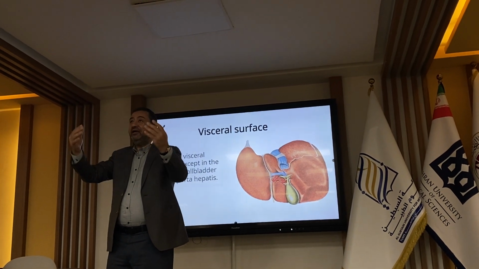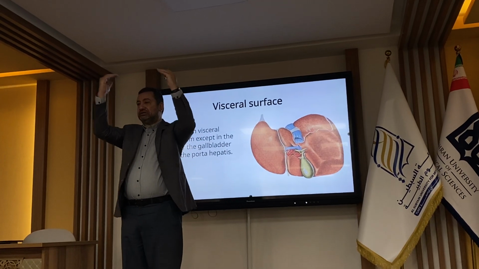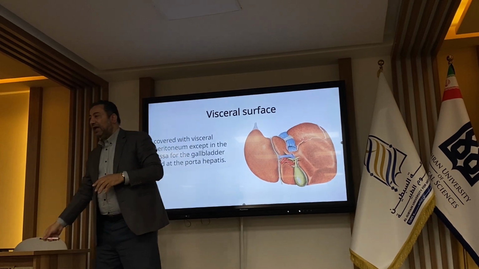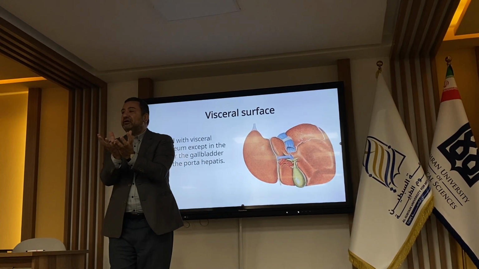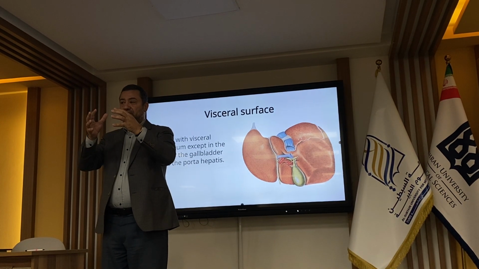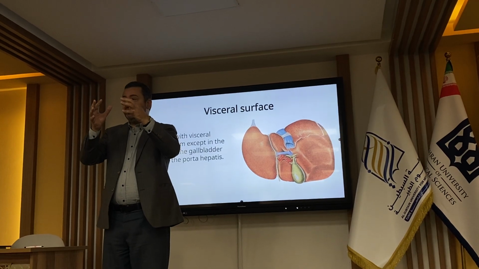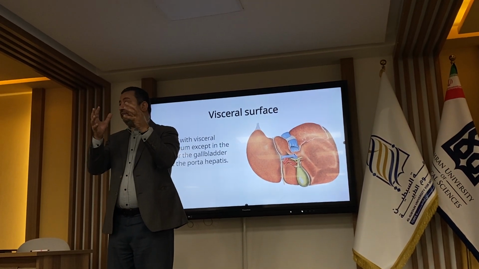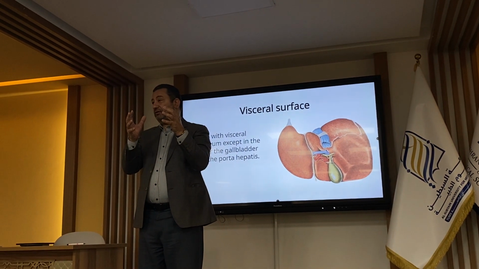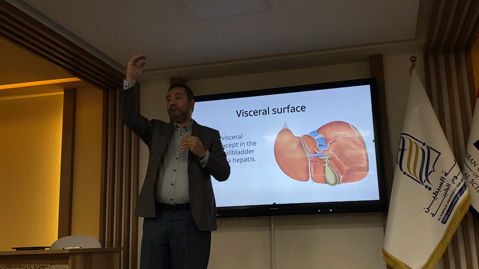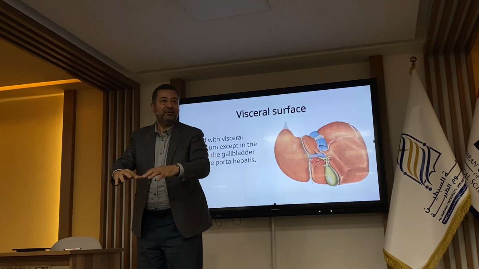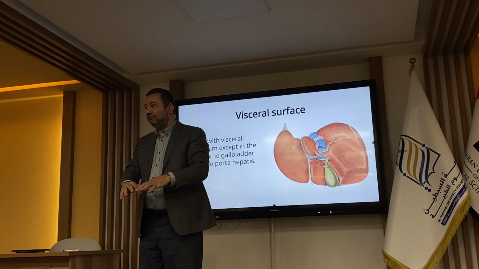Okay? The peritoneum that covers the inferior surface of the diaphragm, after entering the liver into the peritoneum, becomes visceral peritoneum around the liver. But the liver is a heavy organ and should attach to the diaphragm, because if it separates from the diaphragm, it falls into the pelvis.